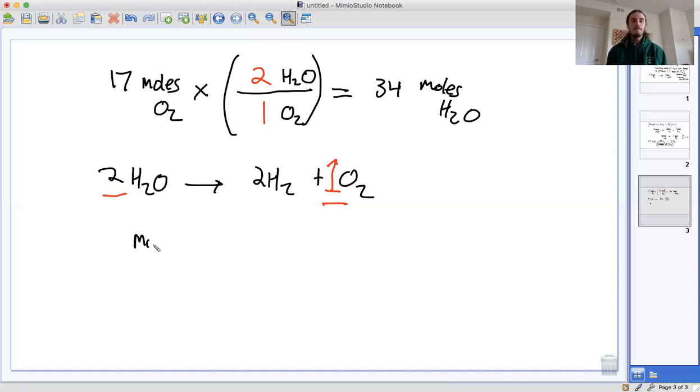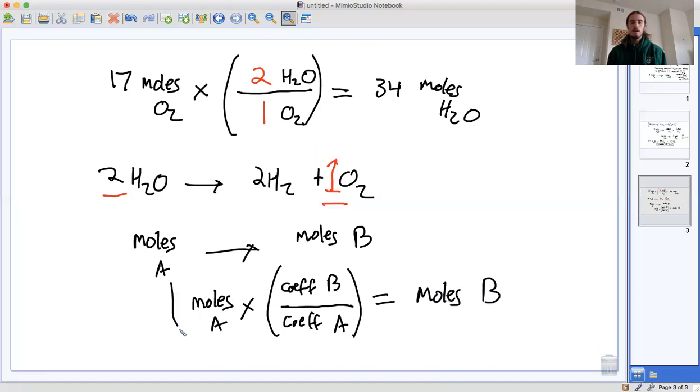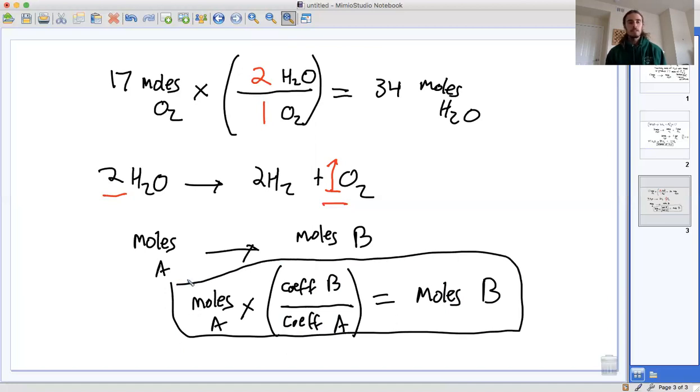If I have moles of a substance and I want to find moles of a different substance, I can always solve this problem by multiplying by the ratio of the coefficients: the coefficient of what I'm converting to on the top and the coefficient for what I'm converting from on the bottom. This is kind of it.